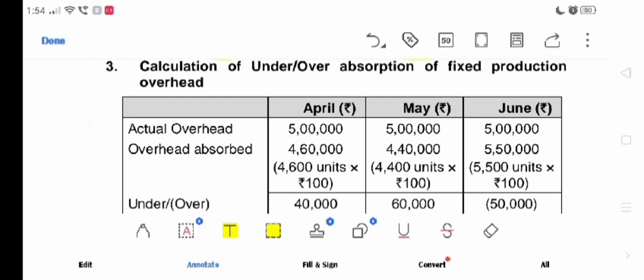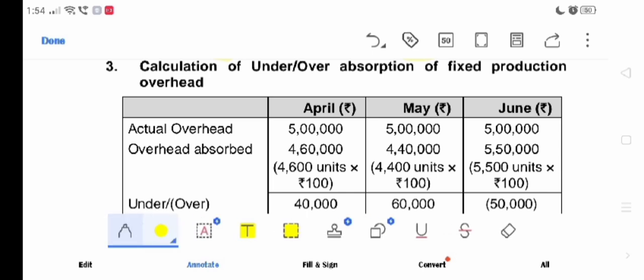But he has given fixed production overheads as 5 lakh, okay? So some difference is there, so we have to adjust that, because we have taken 100 per unit using the standard, or absorbed, budgeted overheads only. So there is some difference. In order to adjust that, we have to do under or over absorption.